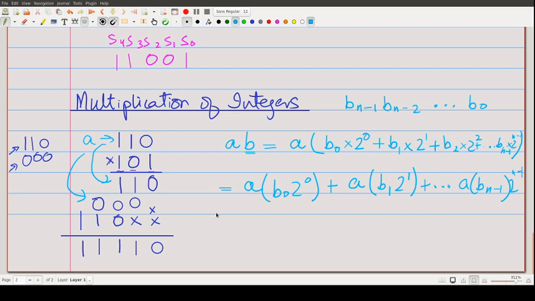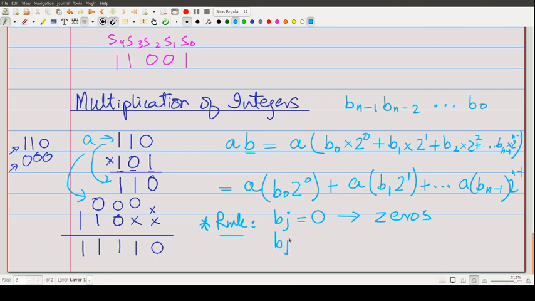And note the following. Here's something important, that if bj is equal to 0, then you will simply put zeros there. That row will not have anything to add to.